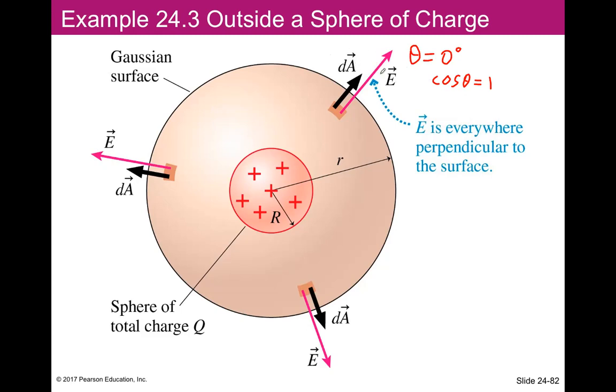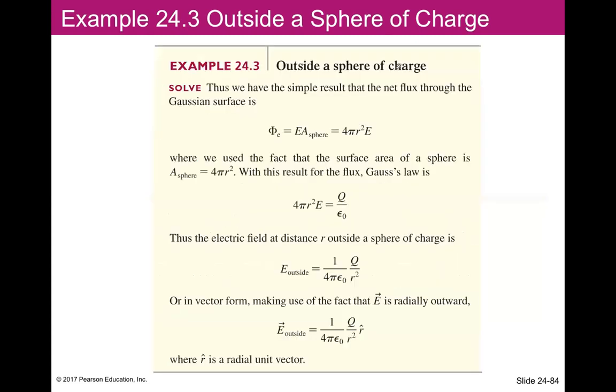And then when you do the integral, E is constant, you can take it out. Then it becomes an integral of dA, which is the surface area of the sphere, 4 pi r squared. Then what you get is phi equals E times A. Let's break it down. Originally it's the integral of E dot dA, all vectors, and you need to do the surface integral.